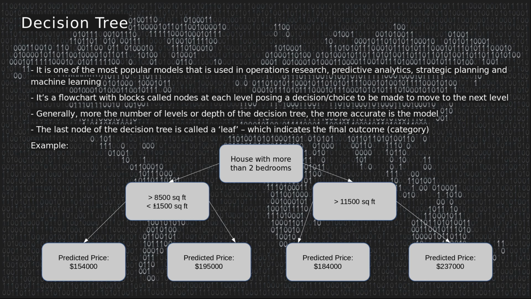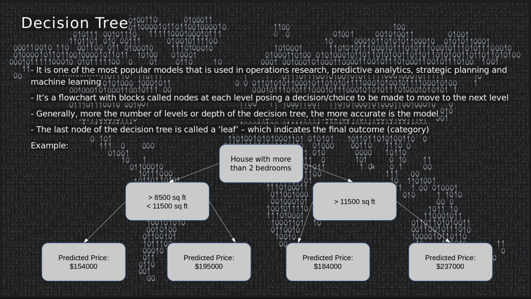Or if that's not the case, it's the other way around. If it is more than 11,500 square feet, then the price could be around 195k, and so on. If there are more than 2 bedrooms, so on will be the approximate price that the tree is indicating.